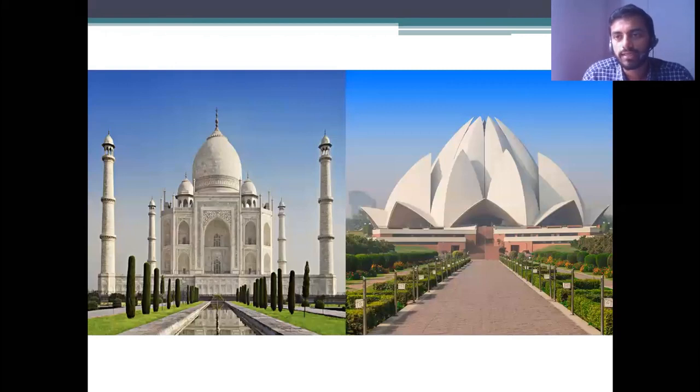Even human architecture has taken ideas from nature and from symmetry itself. Look at the Taj Mahal and the famous Lotus Temple in Delhi. When we cut the Taj Mahal into equal halves, they are symmetrical. The Lotus Temple contains bilateral symmetry and radial symmetry also.